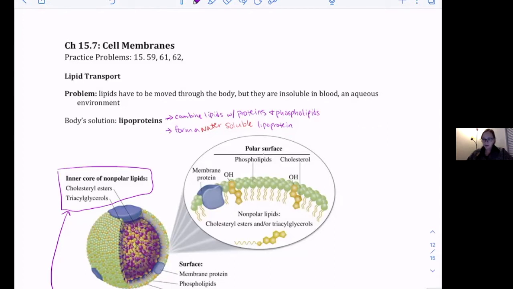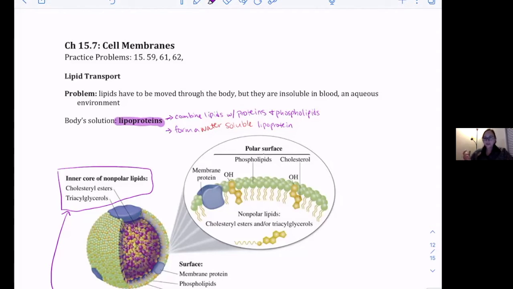So, how the body gets around this is by using something called lipoproteins. Lipoproteins are a combination of lipids and proteins and phospholipids that form a water soluble lipoprotein.